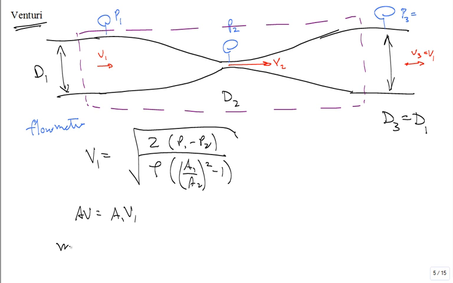And if you wanted the mass flow rate, density times A1 V1. So you have a way of having a flow meter. You can measure the flow rate just by measuring pressures. Somebody may have also heard of Venturi in some other applications.